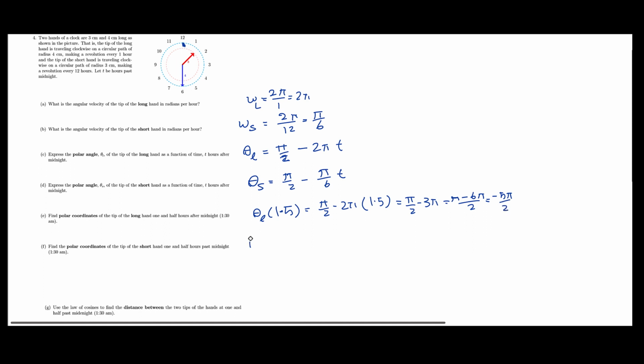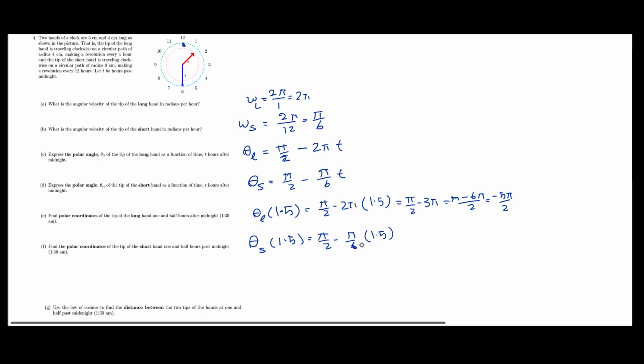And the same question is asked about s. So pi half, I plug in, minus pi sixth times 1.5.